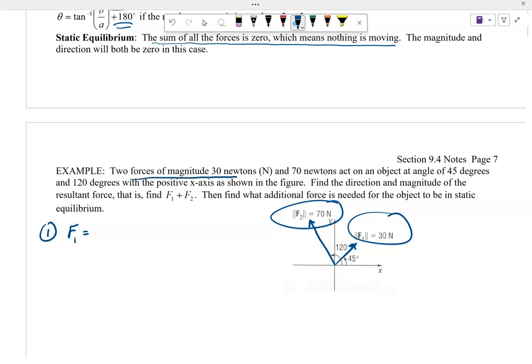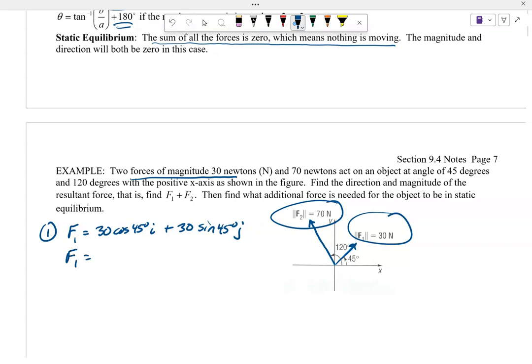It has a magnitude of 30, and then the cosine of its angle, 45 degrees, plus the magnitude again, indicating length, and then the sine of 45 j.